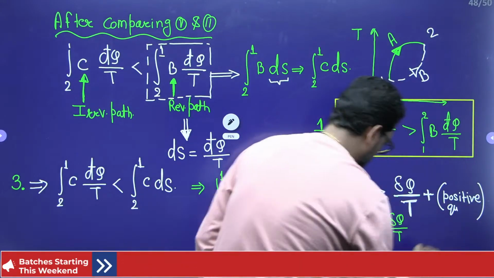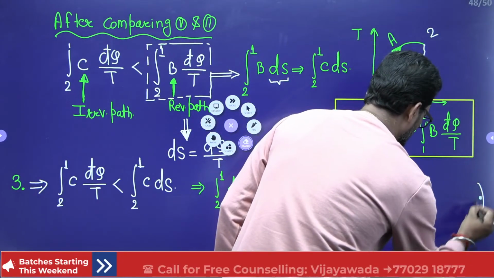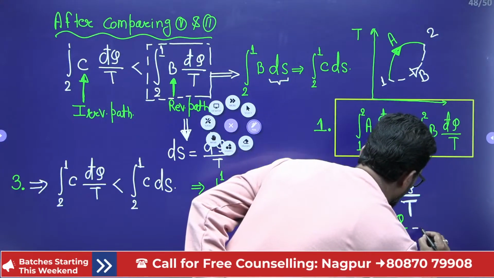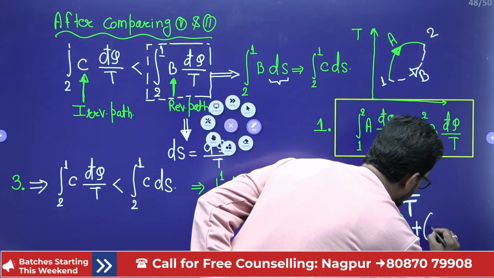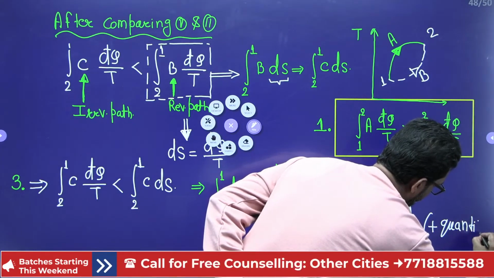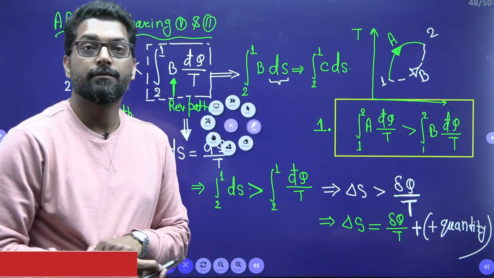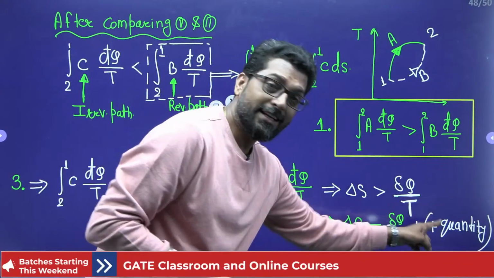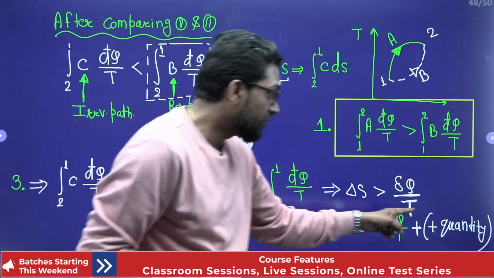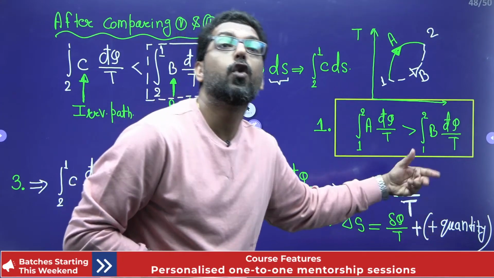We can add a positive quantity for the equality. Now, what is that positive quantity? It is what we have to lose.